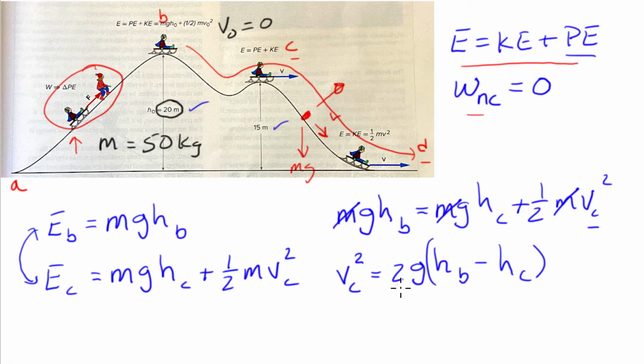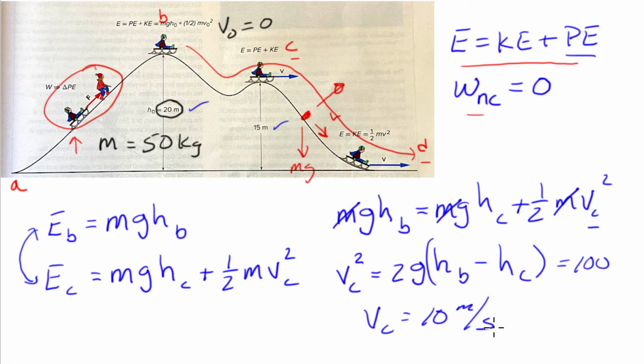So I have 2 times 10 is 20 times 5 is 100. So v squared is equal to 100, which means that the speed at C is the square root of that, 10 meters per second. Excellent.